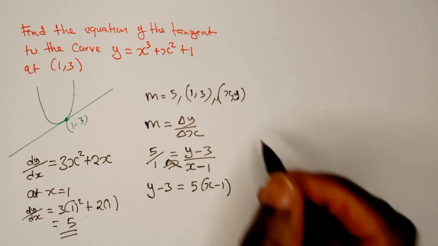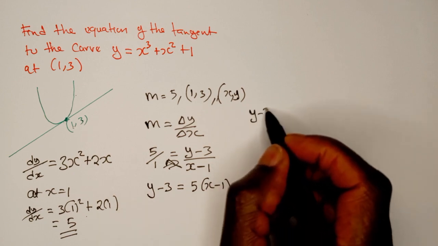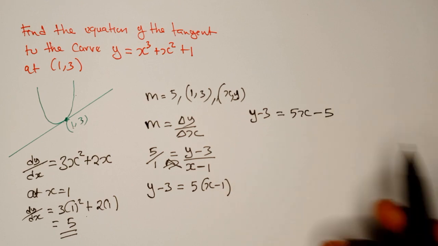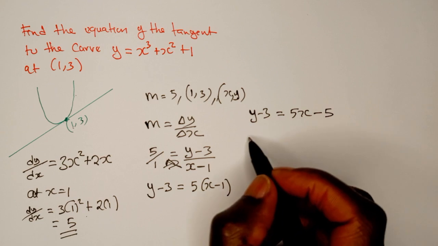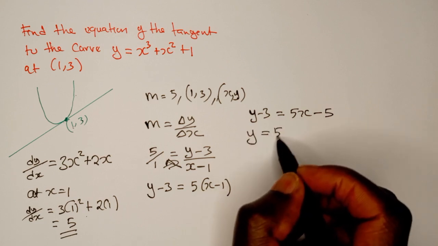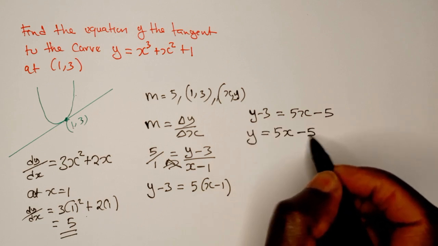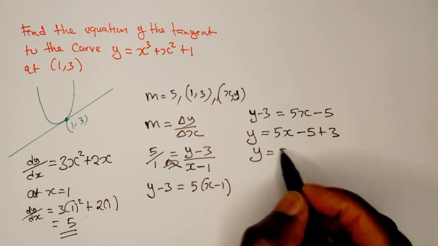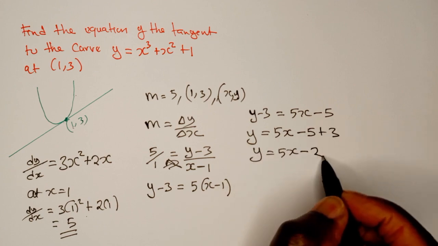If you open the bracket, you will have y minus 3 equals 5x minus 5. Take this 3 to the other side, y equals 5x minus 5 plus 3. So you're going to have y equals 5x minus 2.